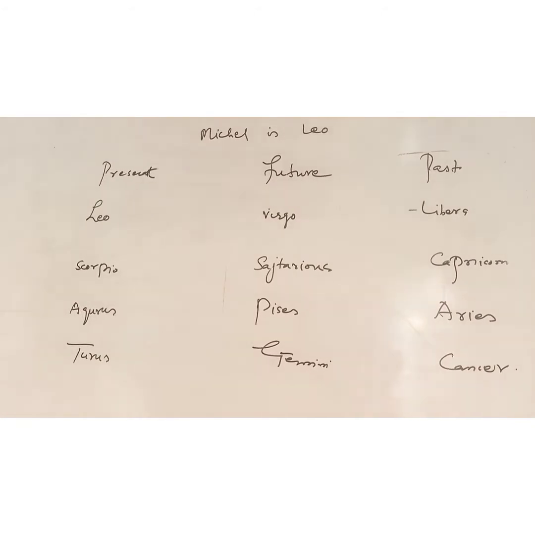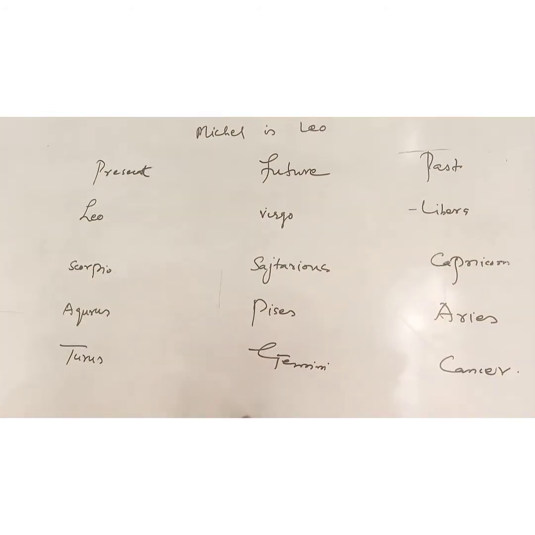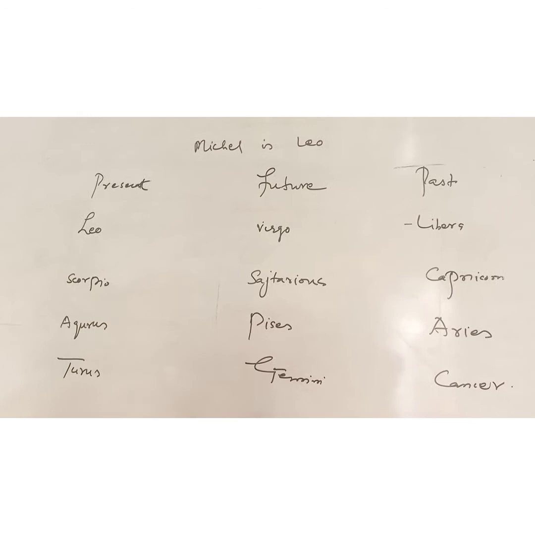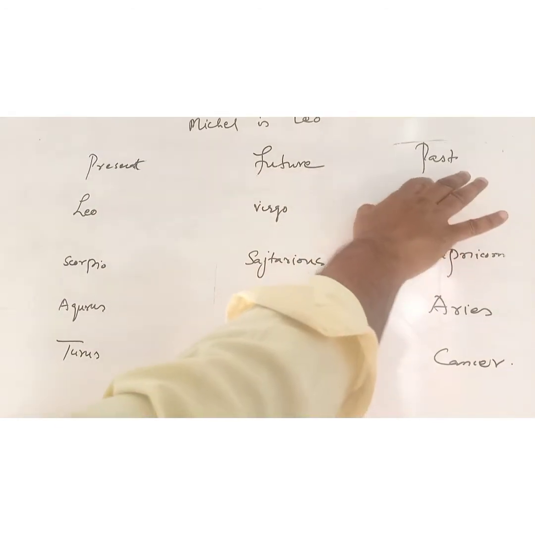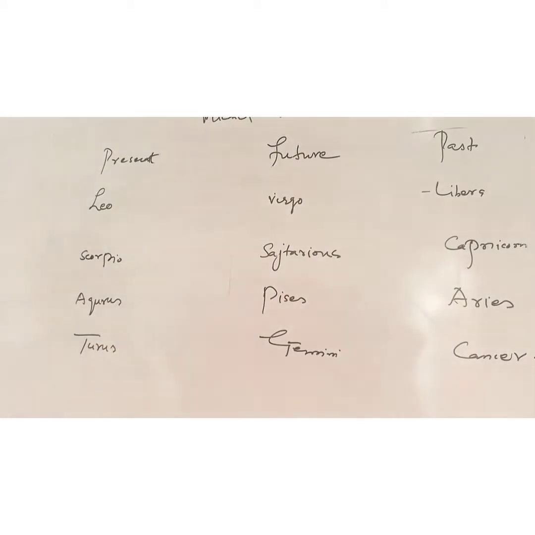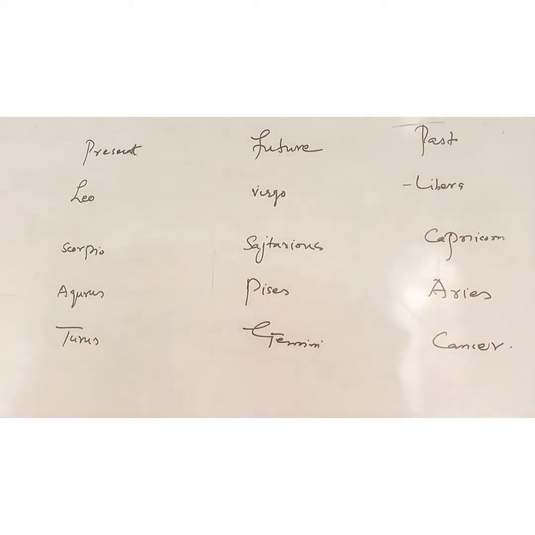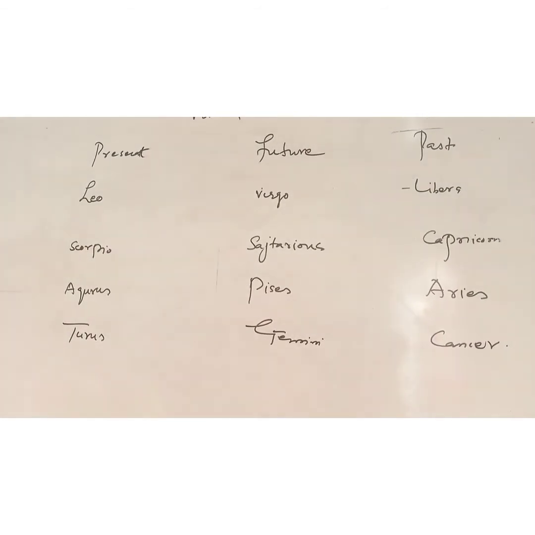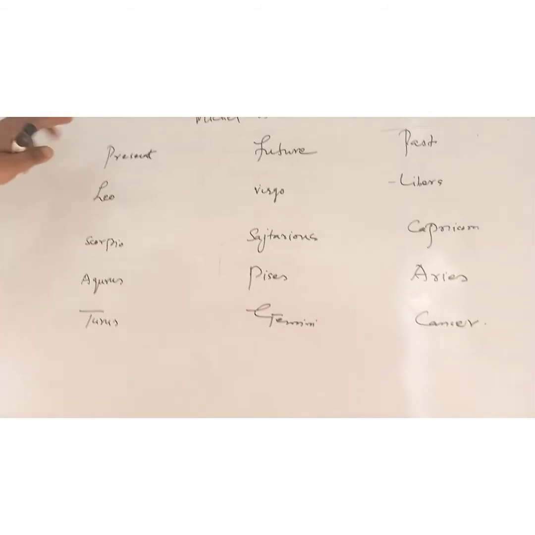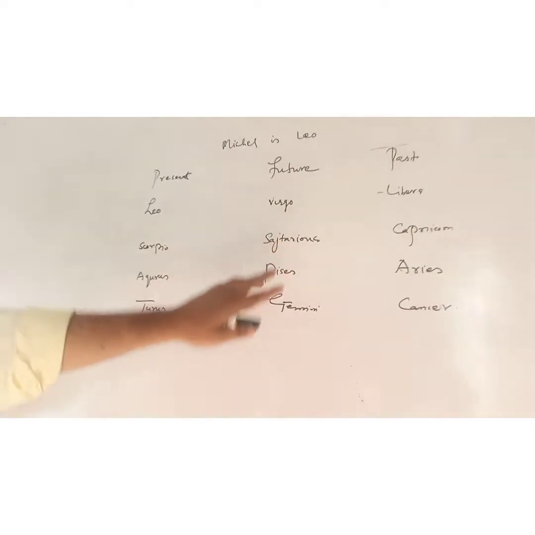In the same way, the whole zodiacal chart will be divided in three tenses, and you can predict, understand, or learn about any person's hurdles and problems.